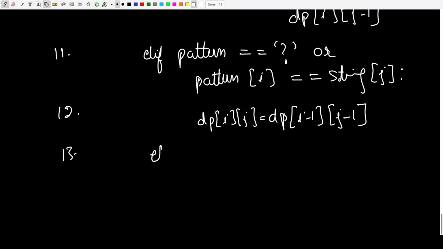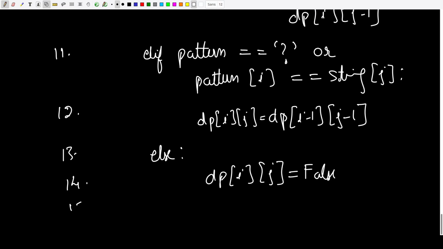And in the cases where they are not equal and the first two cases are not satisfied, dp[i][j] will simply be false. In this way, we populate our DP table, and towards the end, all we have to return is dp[m][n]. So that's the discussion of the pseudocode, folks.